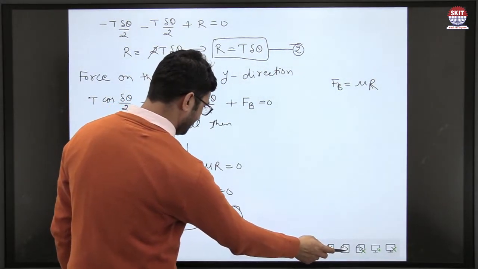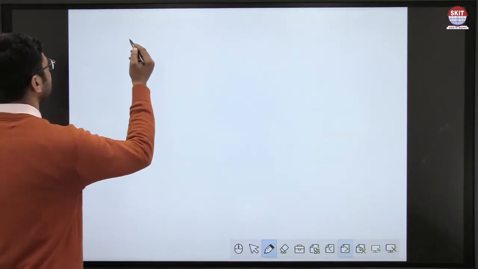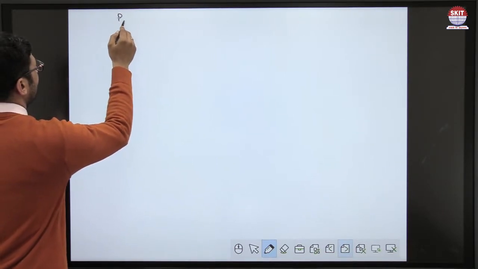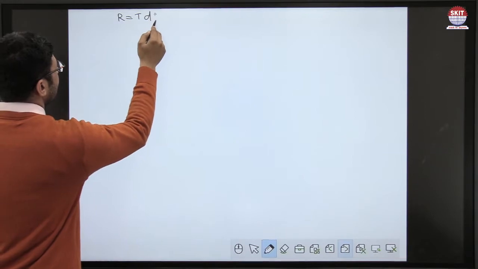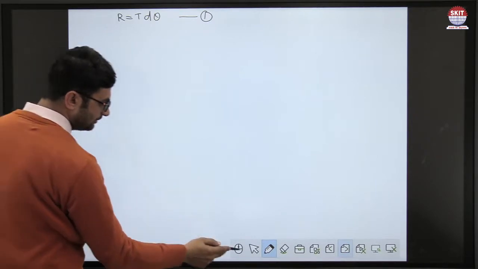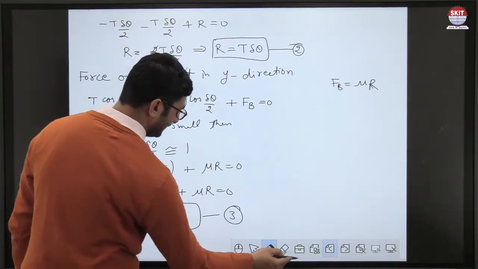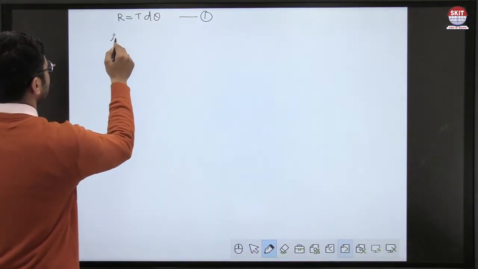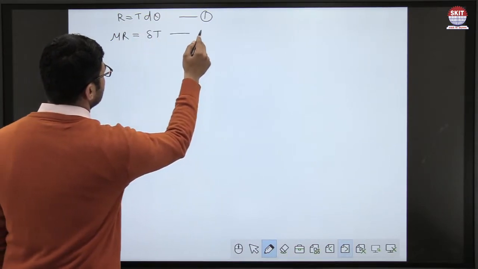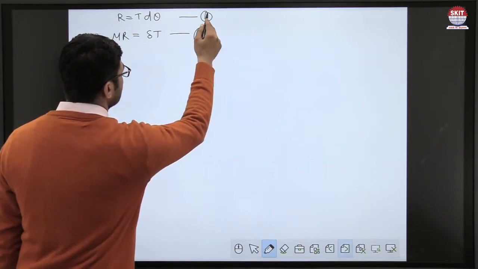Now, in the next step, R equal to T d theta from equation first, and the second equation is mu R equal to delta T. This is equation third and this is equation second.